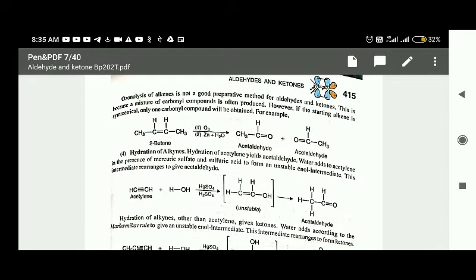Somewhere H would be there and somewhere OH is going to add. So look, an addition reaction is there. Alkyne is a triple bond, with double bond behavior. So upon addition it becomes alkene. Then there would be rearrangement, so it is going to give you the acetaldehyde. You always remember this one. This is most important for your MCQ. Please remember.